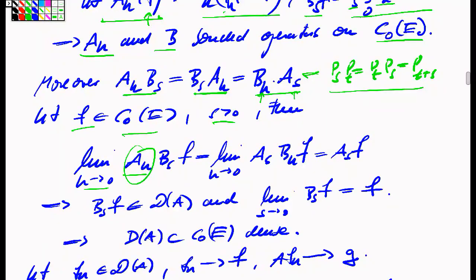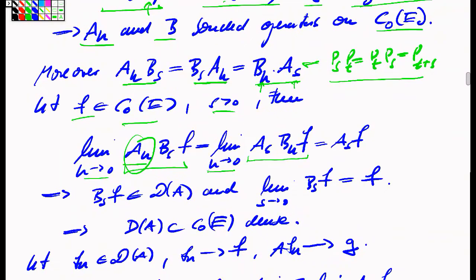So if we consider this limit, then the object behind the limit, by the previous commutation rule, can also be written as A_S after we do the B_H operation, where the limit is outside.